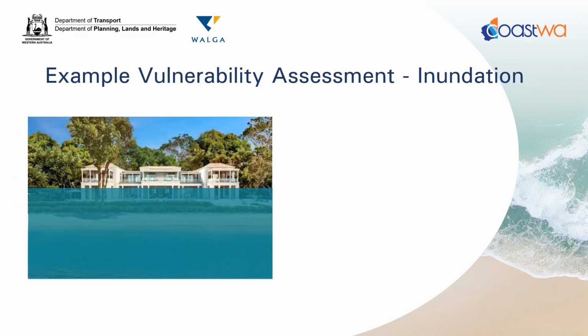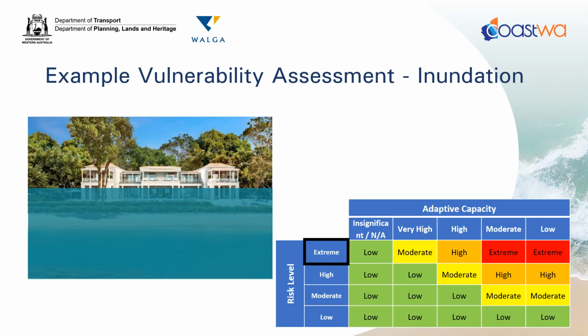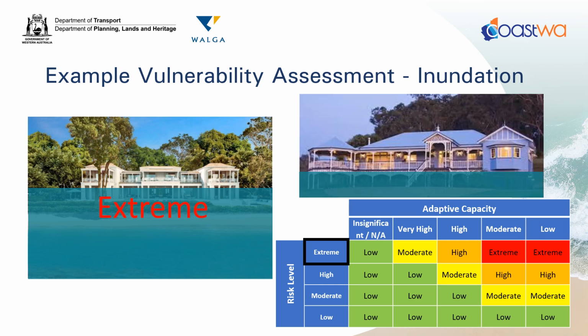From our assessment of inundation, for our standard house on a slab and a high level of inundation, we had an extreme risk level and our adaptive capacity was low. So our vulnerability was still extreme. If we look at our Queenslander style house, we still have an extreme risk level, but our adaptive capacity is high, and therefore our vulnerability is high.